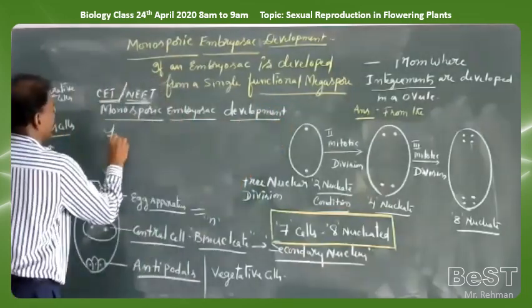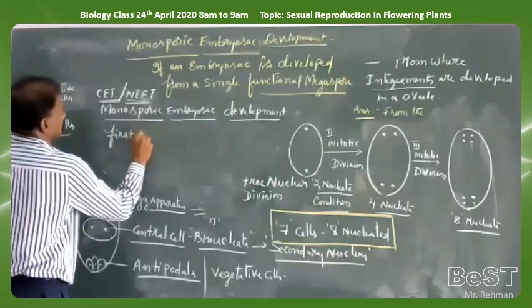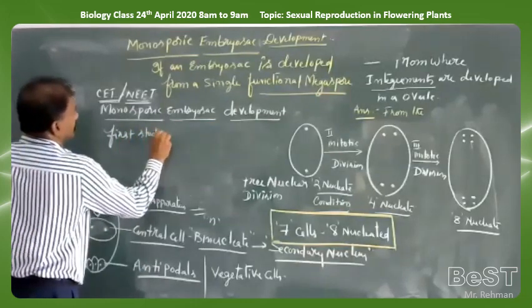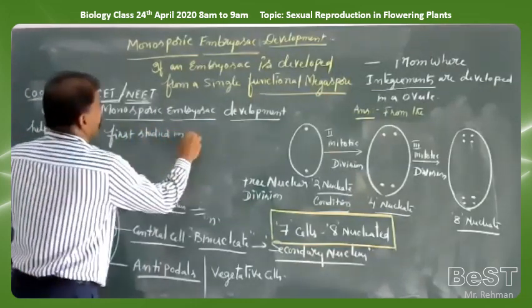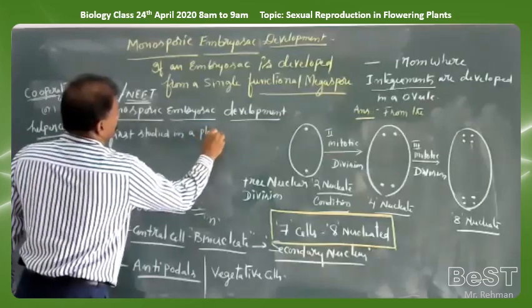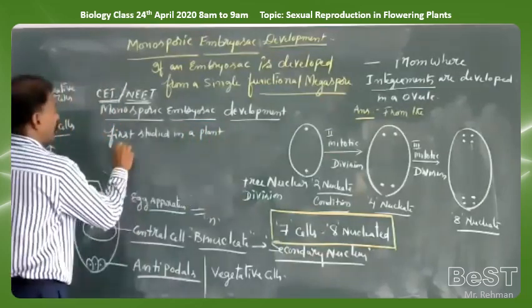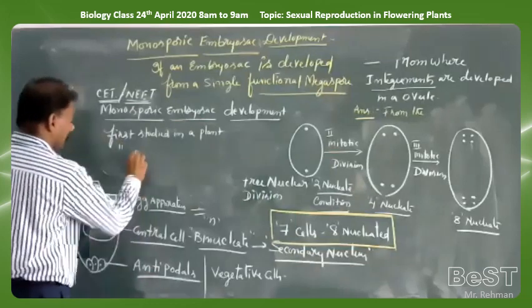It was first studied in a plant, Polygonum divaricatum.